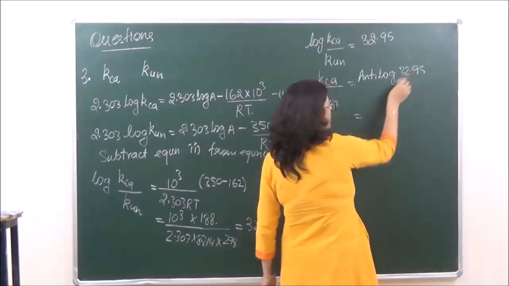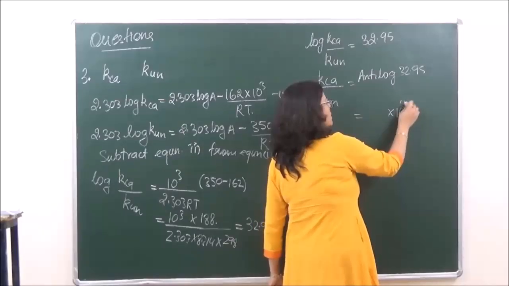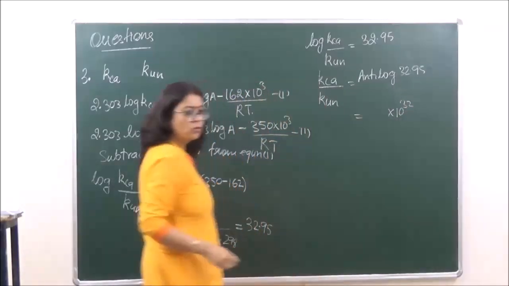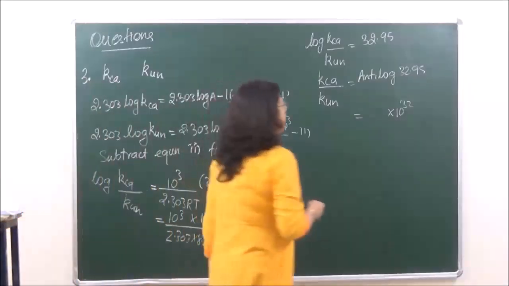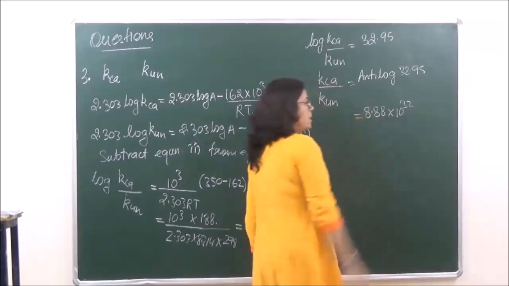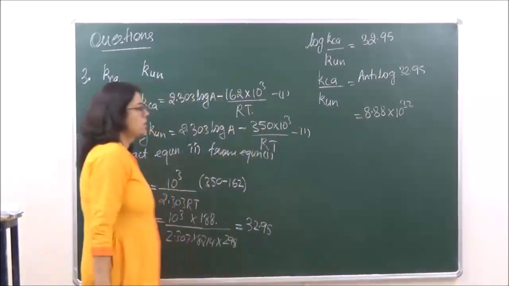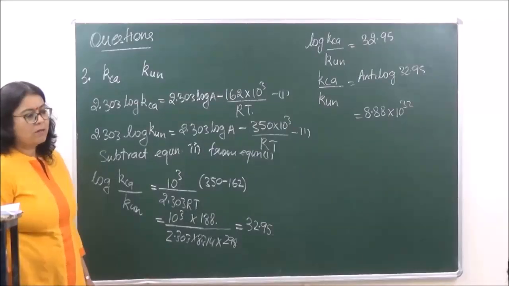Okay, so 32 is going to go as power, 10 raised to power 32. Okay, and the value of antilog 0.95 is 8.88. So the answer is 8.88 into 10 raised to power 32.